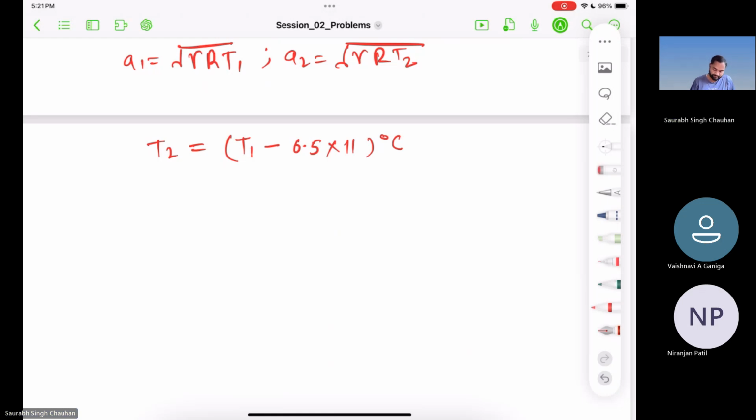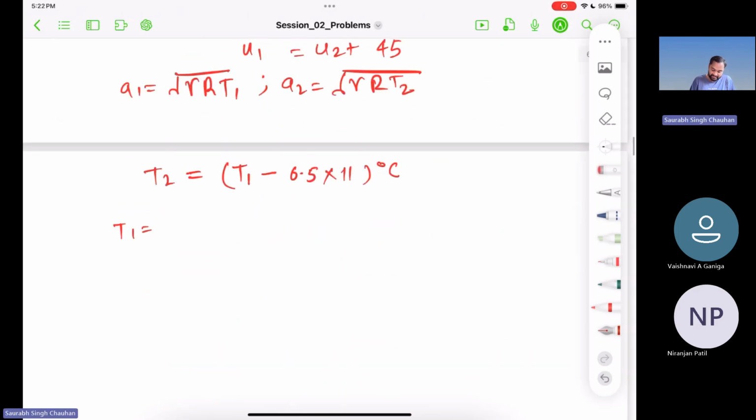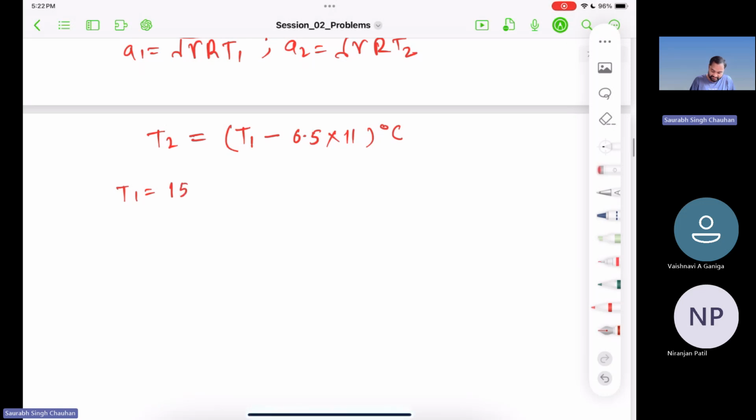And T1 is given as the temperature at sea level, which is 15 degrees Celsius. You can write this in Kelvin. It will be 273 plus 15, 288 Kelvin. So T2 will be equal to 288 minus 6.5 times 11.